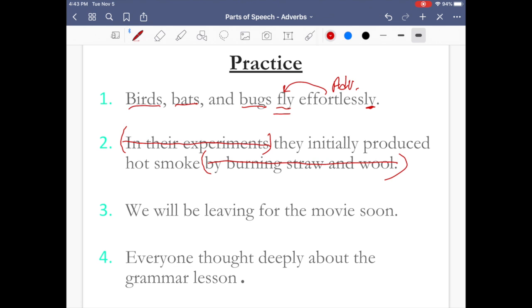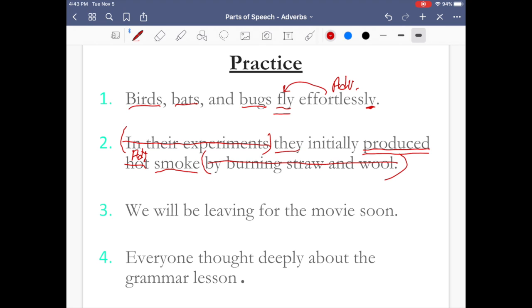So what we're left with is they initially produced hot smoke. So they produced. Produced is our verb. Our subject is the pronoun they, and they produced smoke. Smoke is a noun. Hot is modifying smoke, so hot is actually an adjective, right? So we can ignore that.